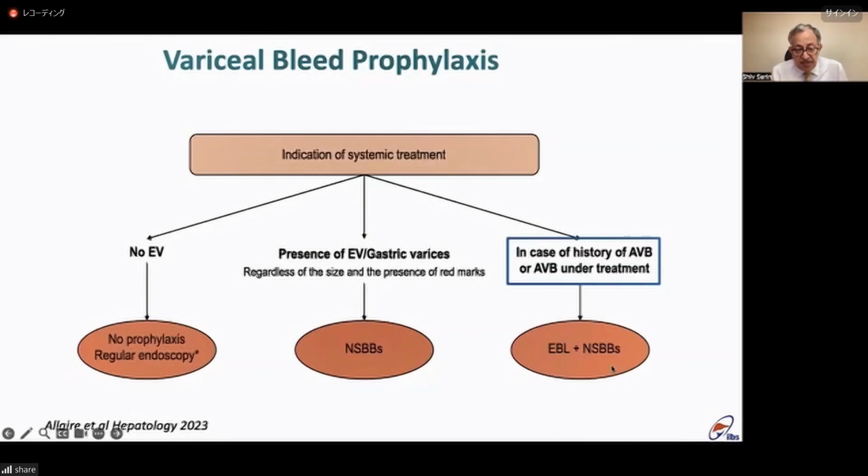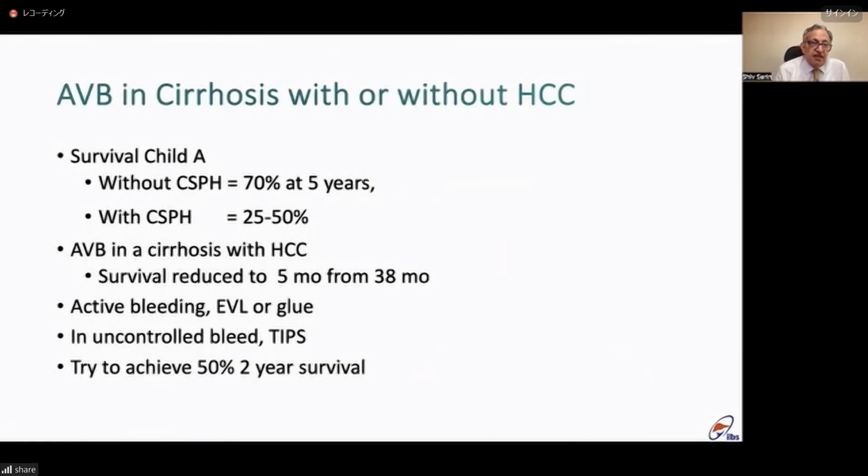There is no data whether adding non-selective beta blockers helps, but I suggest we should also give beta blockers. So three things we remember: patients who have got varices, beta blocker, carvedilol. Those who come with acute bleed, you have to do band ligation. And you can add non-selective beta blockers to reduce pressures in the future.